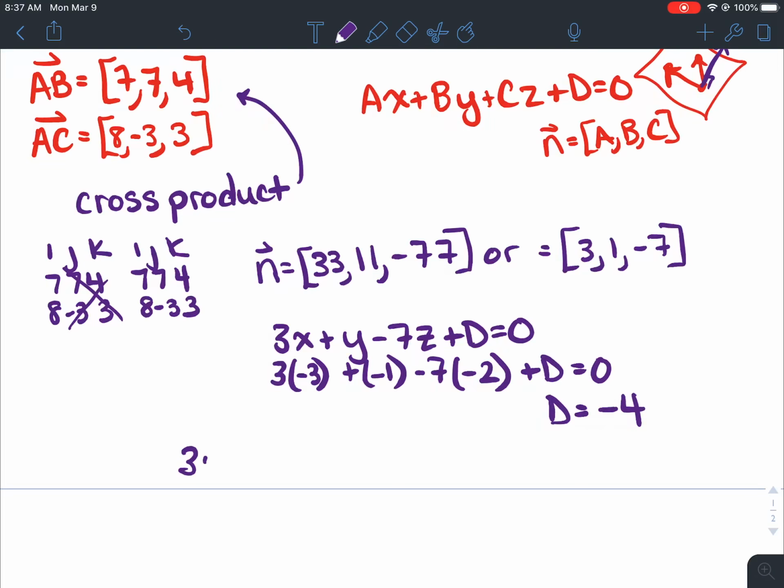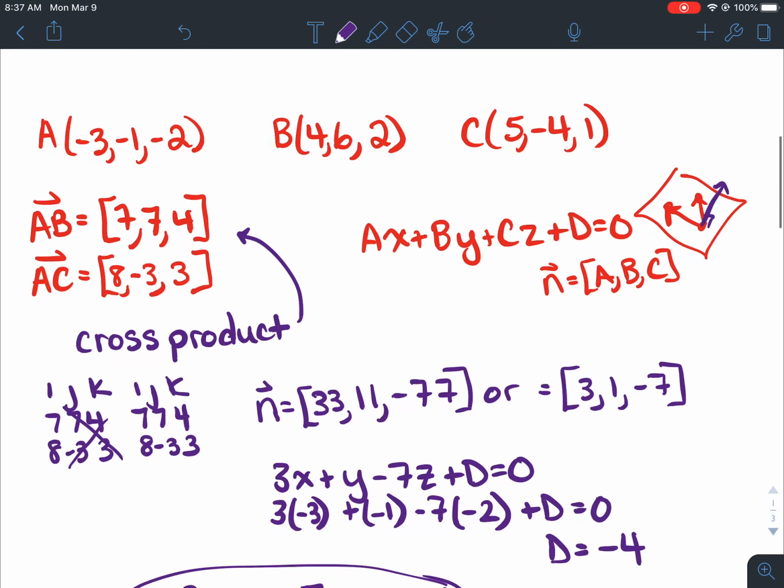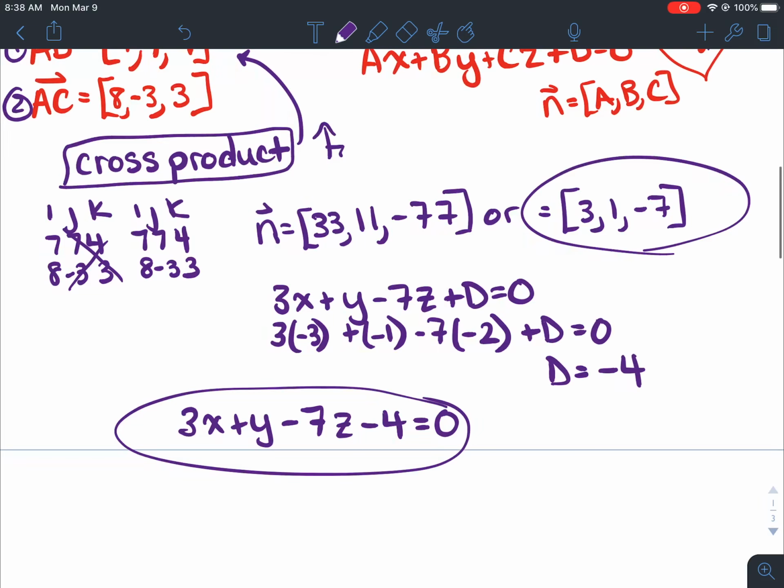So our final answer is 3x plus y minus 7z minus 4 equals 0. Scalar equation of a plane. So even if we're given 3 points, we can create two direction vectors, do the cross product to find a perpendicular vector, which is this guy, and then now we can sub that in for a, b, and c, sub a point in to find d, and we're done.